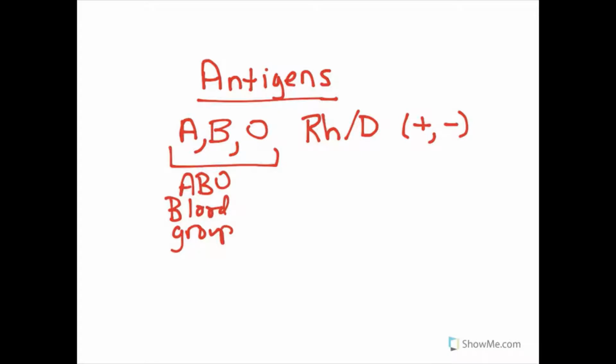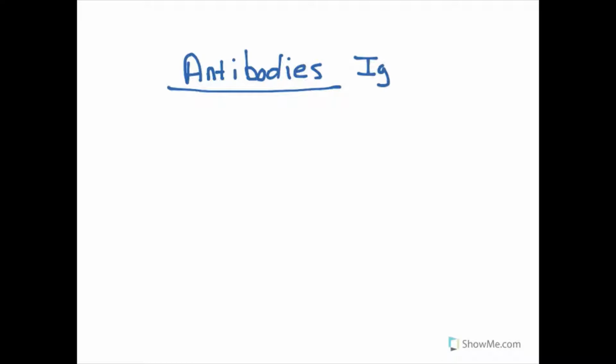Now, the next thing we want to discuss are the antibodies. You may know these if you studied any kind of immune system. Antibodies are proteins, immunoglobulins. There are two major types, IgM and the IgGs that we're concerned about here.